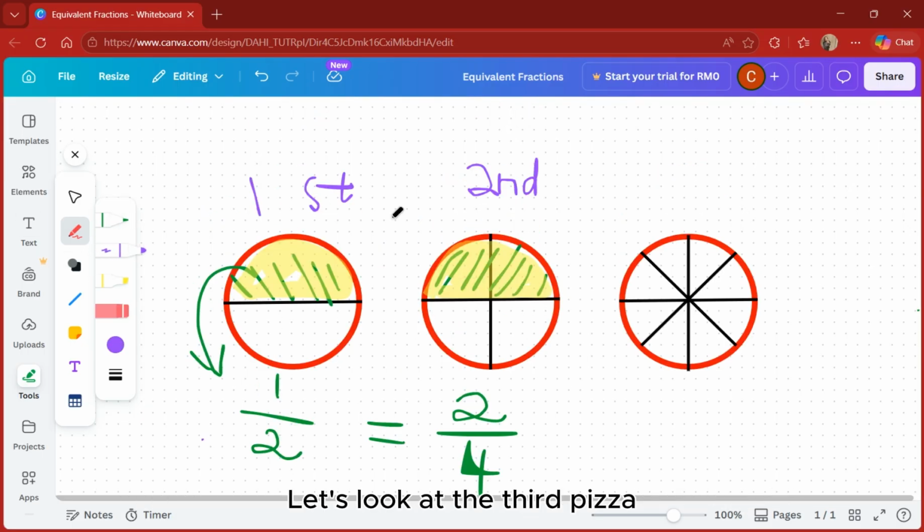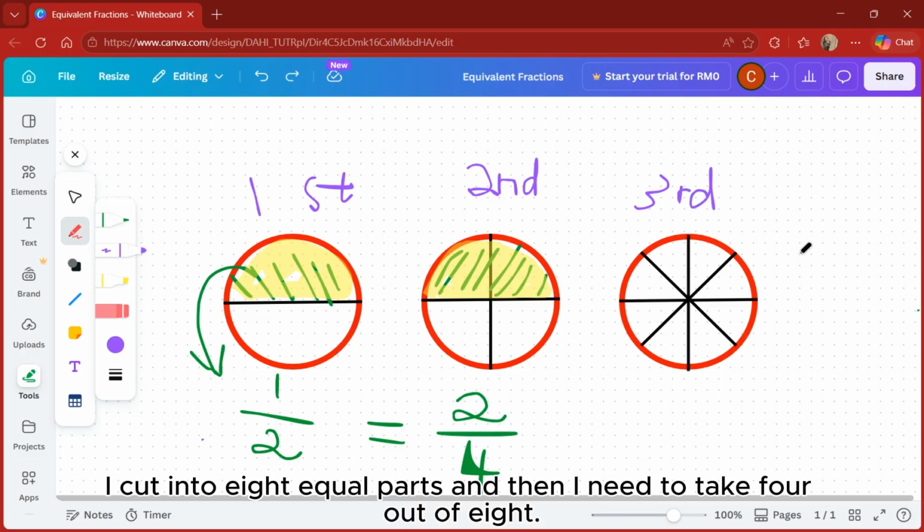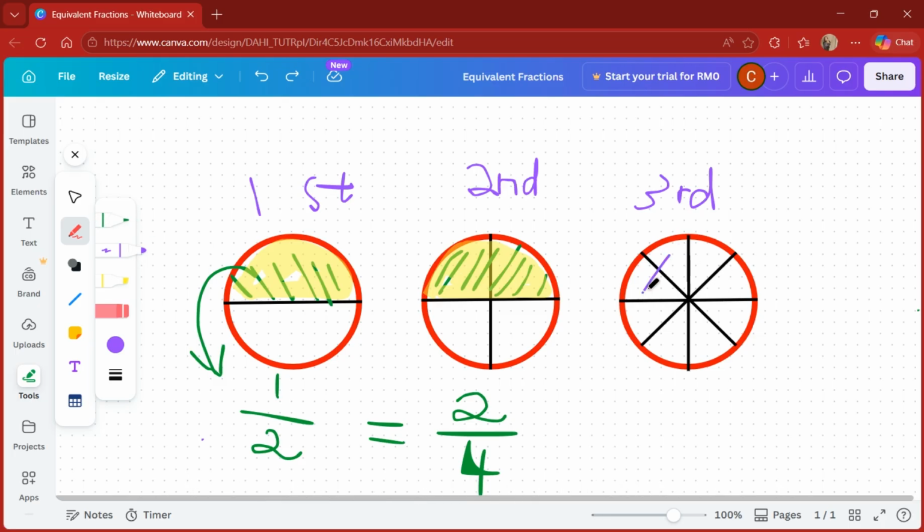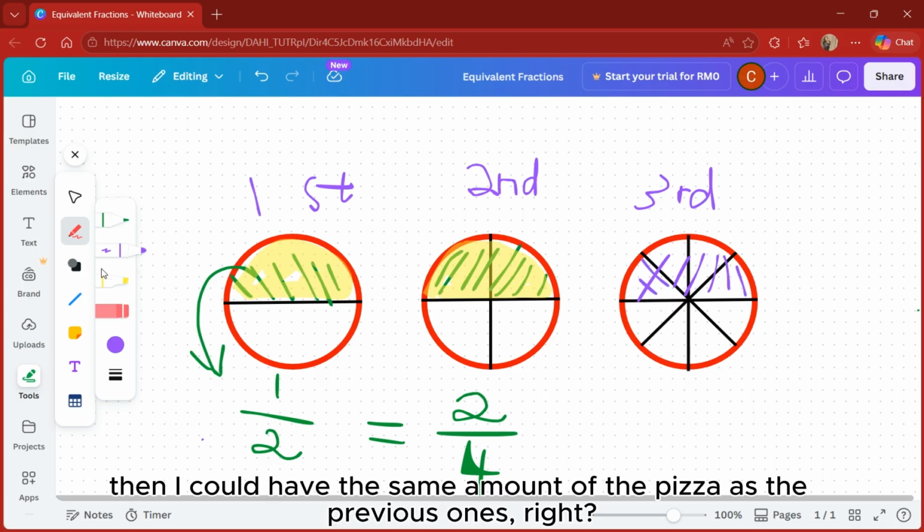Okay, let's look at the third pizza. I cut it into 8 equal parts and then I need to take 4 out of 8. Then I could have the same amount of pizza as the previous ones, right?